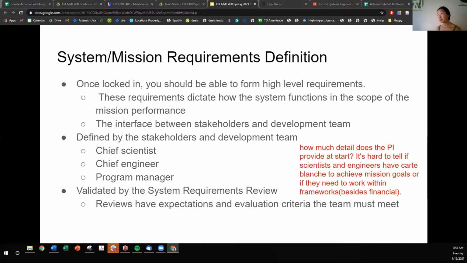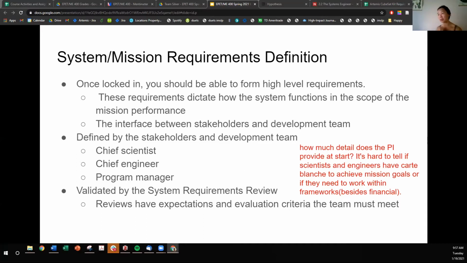The people who come up with the system and mission requirements are the chief scientists, the chief engineers, and the program managers. And those three are commonly the trio of power in a program or a mission. They are constantly negotiating with each other for their own interests.